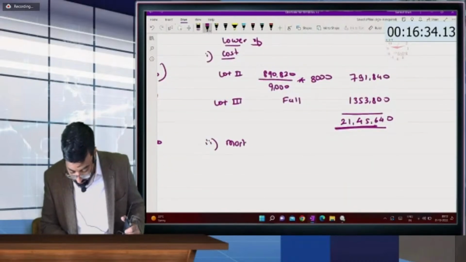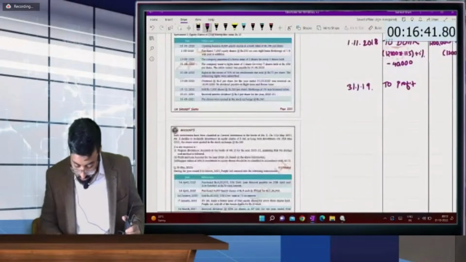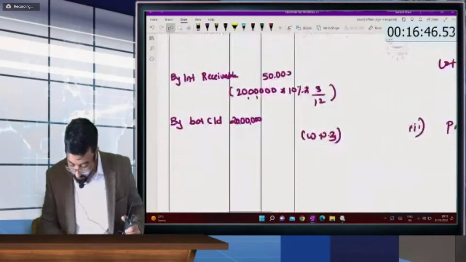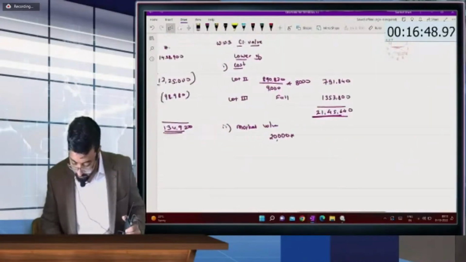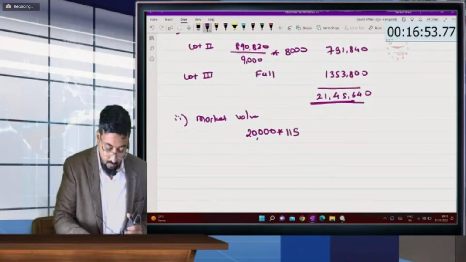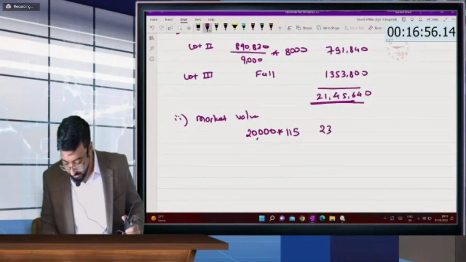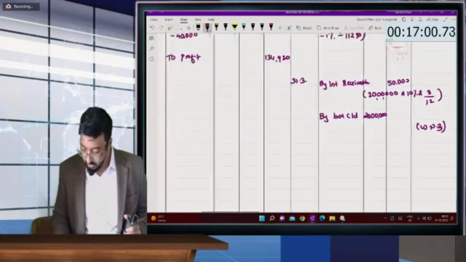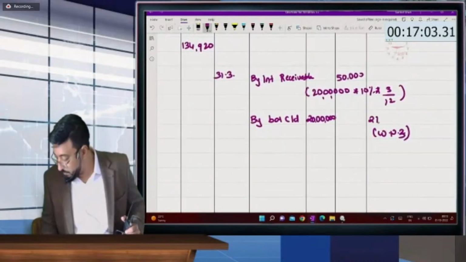Market value is 20,000 into 115, 23 lakhs. Whichever is lower, 2145,640, so there is no reduction. Cost is what we are showing.